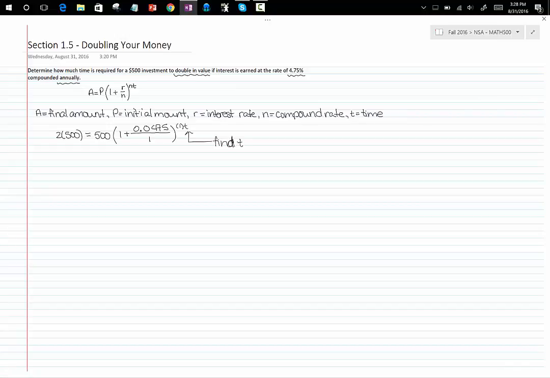So in order to do this, we need to manipulate the equation. And to start off, I would divide 500 to both sides.